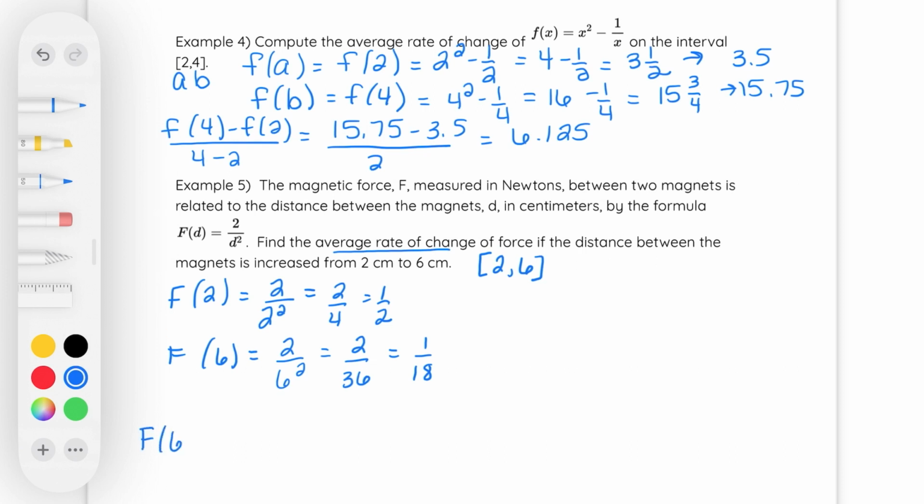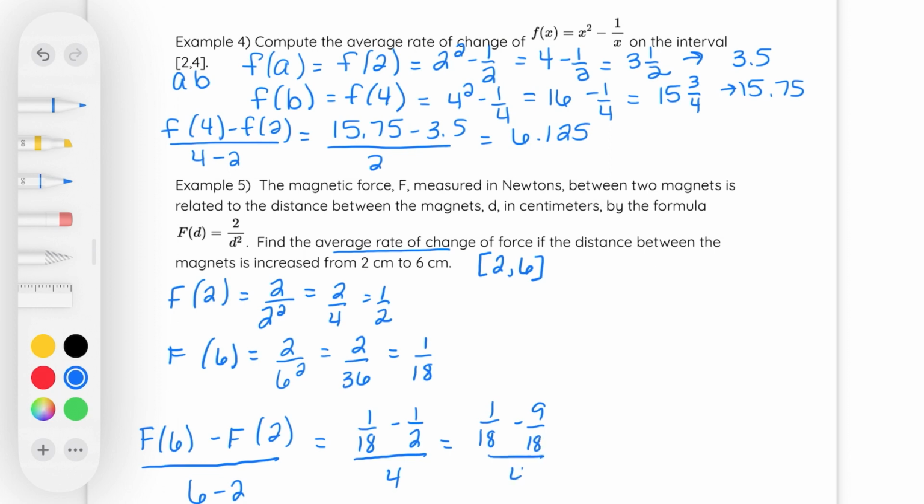Now we have all the pieces, so F of 6 minus F of 2 over 6 minus 2, thus 1/18 minus 1/2 over 4. This is the same as 1/18 minus 9/18 over 4, which is negative 8/18 times the reciprocal of 4, or negative 1/9.